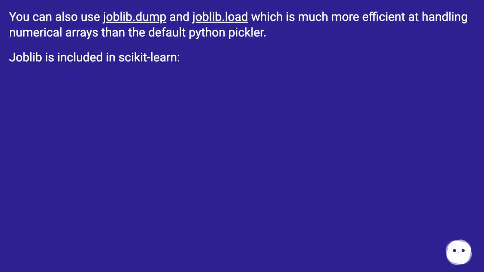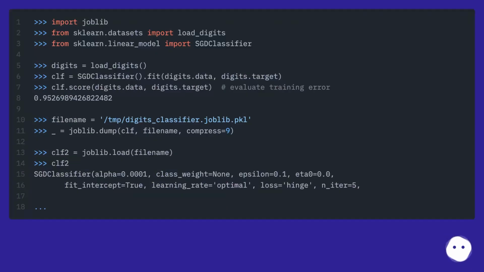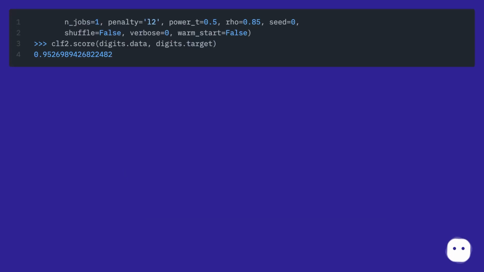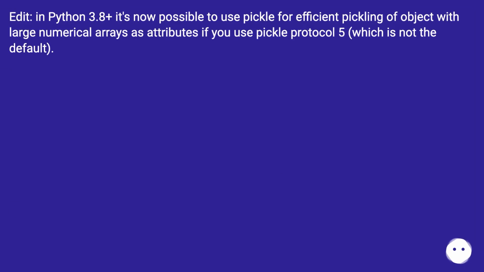Joblib is included in Scikit-Learn. Edit: in Python 3.8 plus, it's now possible to use pickle for efficient pickling of objects with large numerical arrays as attributes, if you use pickle protocol 5, which is not the default.